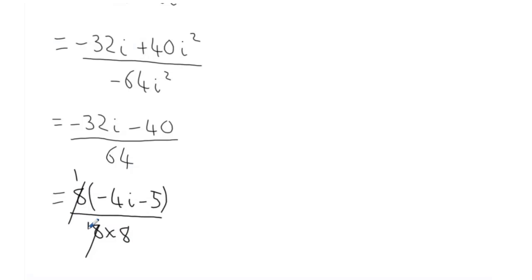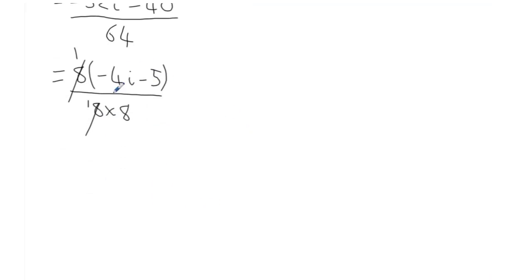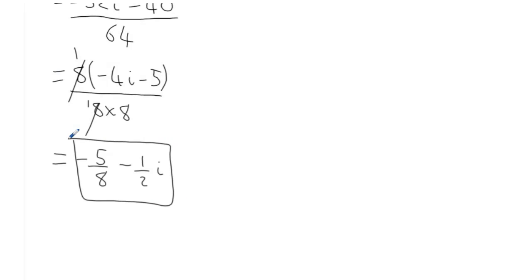So if we cancel those two 8s off, we're going to be left with the real part minus 5 over 8, and then the imaginary part is minus 4i over 8. So it equals minus 5 over 8. Always try and write the real bit first. You've got minus 4i over 8, which can simplify further to minus i over 2, or minus a half i, or minus i over 2 would be absolutely fine as well. So that is part B.